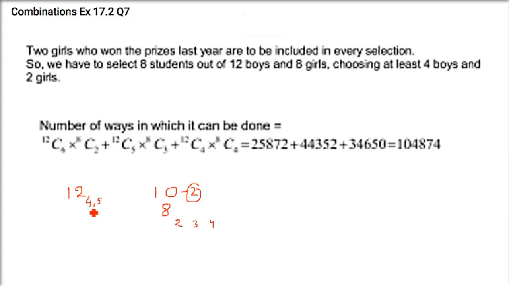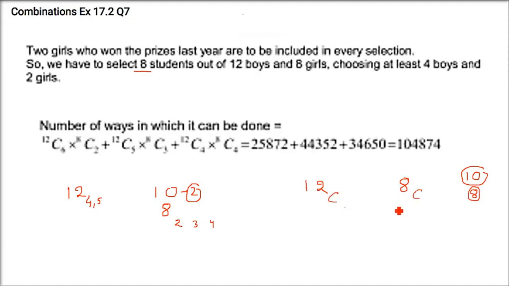So we'll just try and add them, and you have to include them always, right? So 12 boys, 8 girls remaining, and we have to select 10. Only 8 options for girls are remaining. 2 are always included.